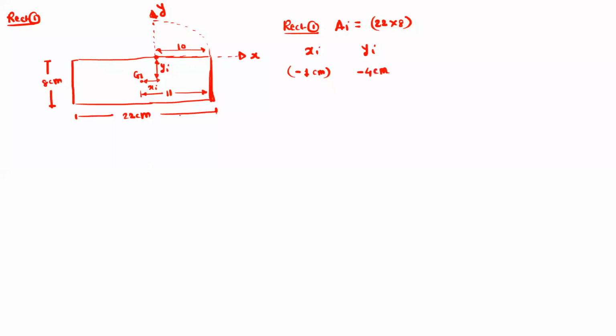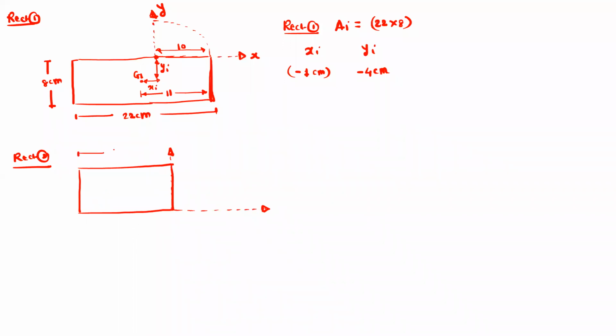Then select the rectangle 2. Rectangle 2 is located in the second quadrant. So this is the rectangle 2.